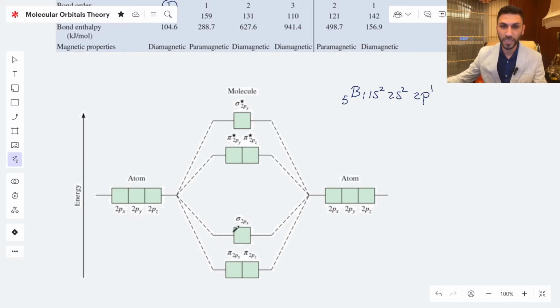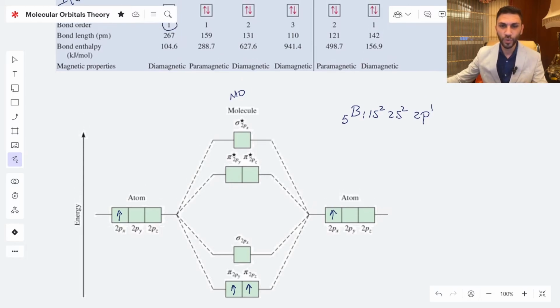We're going to write the molecular orbitals like this: pi 2py, pi 2pz, which have exactly the same energy. Then sigma 2px, then pi star 2py, pi star 2pz, and then sigma star 2px. In boron, we have only one electron in p, so I'm going to write them. And according to Hund's rule, we need to put single electrons with the same spin. So it's going to be one electron in pi 2py and one electron in pi 2pz.